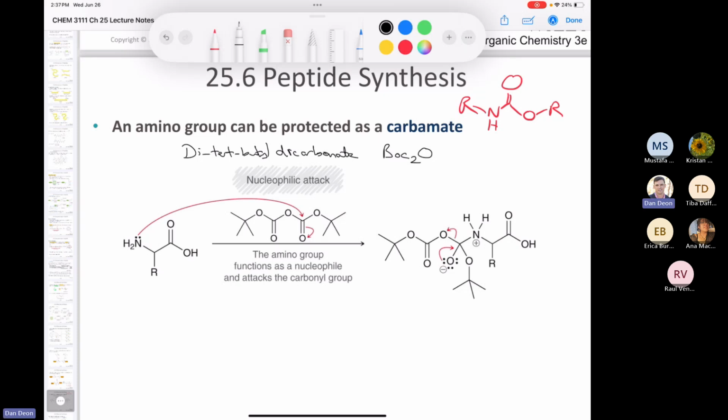Either one is fine. And then sometimes you'll see people call it tBOC2O, just because it's tert-butyl. Either one is acceptable. I will not ask you this mechanism. So you add the BOC group onto your amine using BOC anhydride, or what we call di-tert-butyl dicarbonate.